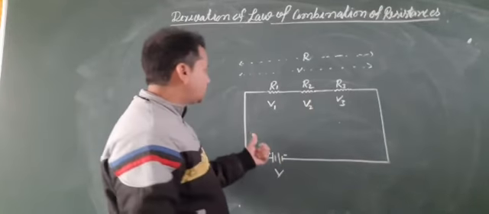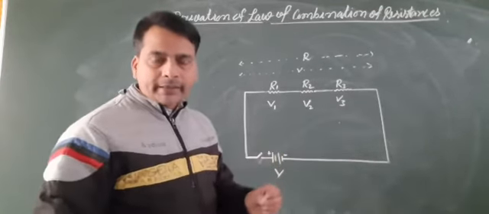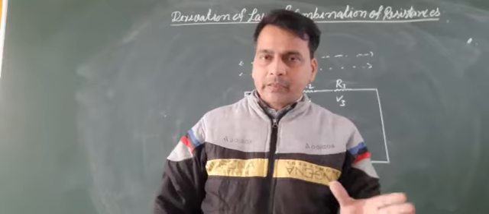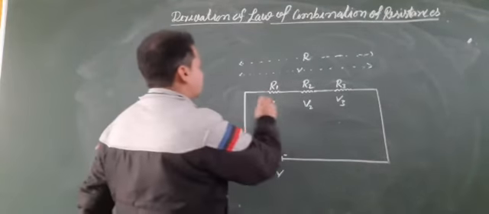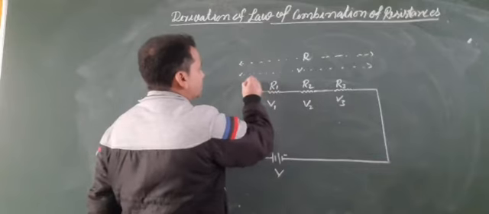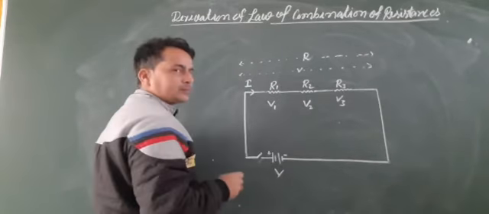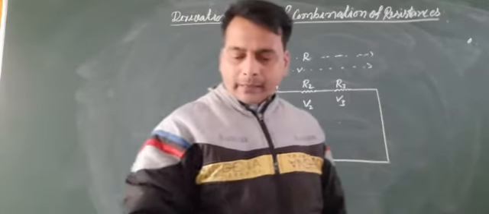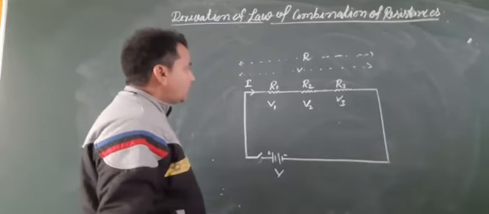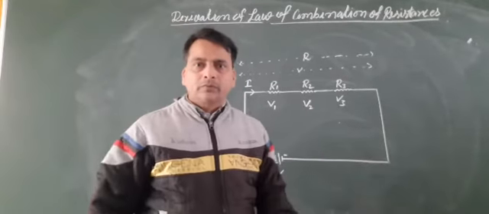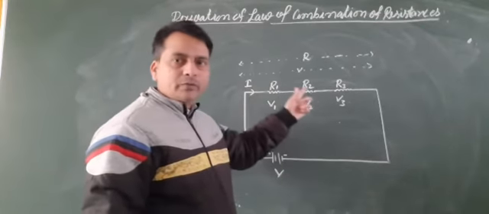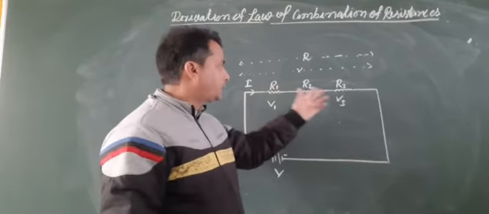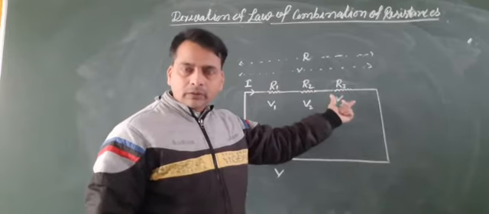According to the series combination, the total or net current will be the same in each resistor. Suppose the current flowing in each resistor is I. So current I flows through R1, current I flows through R2, and current I flows through R3.